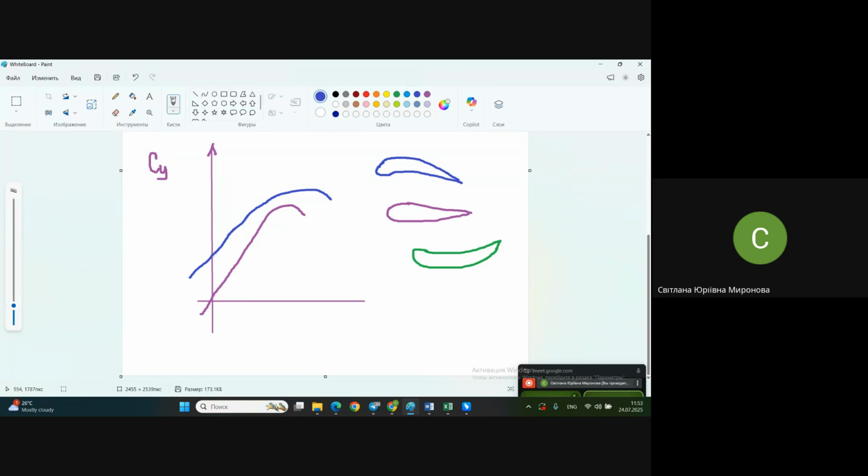By the way, the angle of declination of this chart with respect to the horizontal is also different for different airfoil shapes, and it has some lift even when we have zero angle of attack. And for some airfoils it may even be negative force.